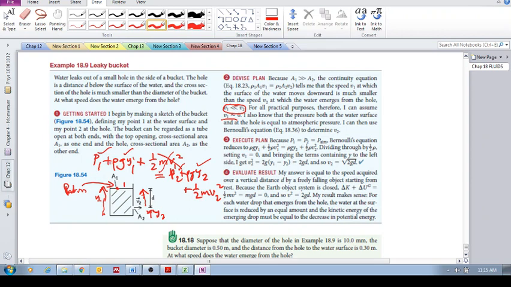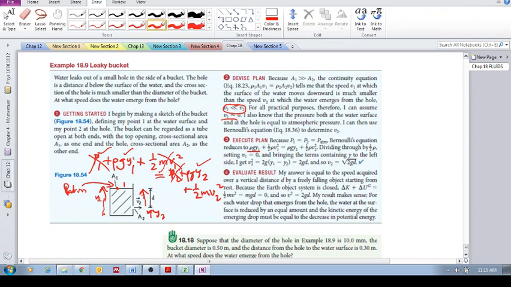So we're looking for speed 2. Now, because P1 and P2 are both atmospheric pressure, they also can fall away because it's the same value. P1 equals P2, so they fall away. So what we're left with is this: rho g y1 plus half rho v1.